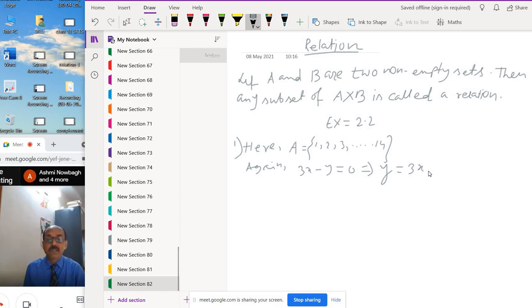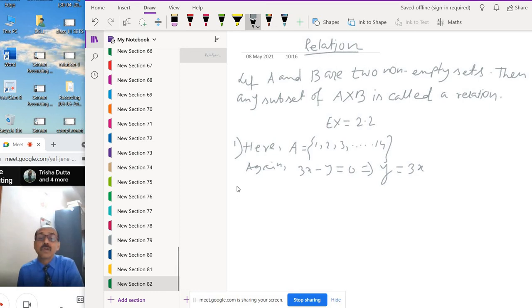We know the ordered pair form is x comma y, so first elements are x and second elements are y, and the elements come from set A, that is, elements 1 to 14. Okay. So now, to make R, what is the relation in this question?